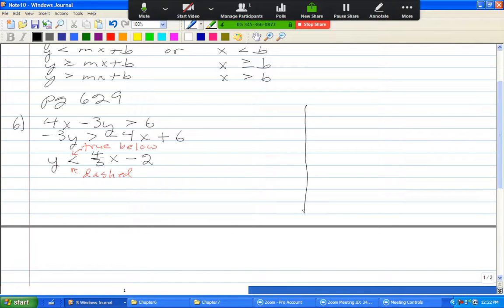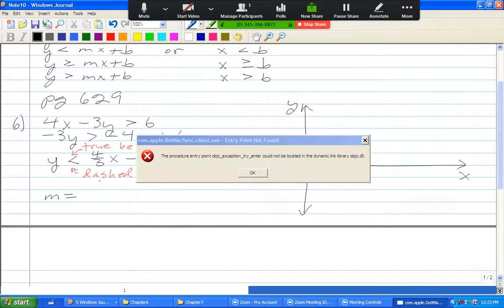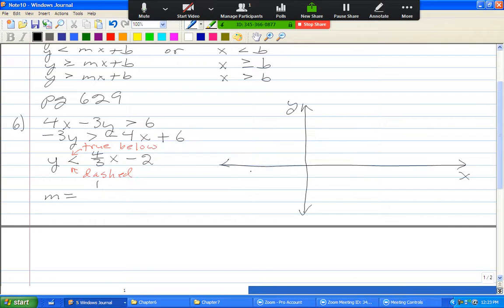So let's sketch a graph of this. Oh, and note that for the boundary line, the slope is 4/3, and the y-intercept is negative 2.